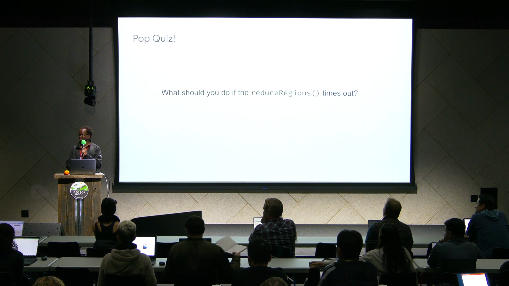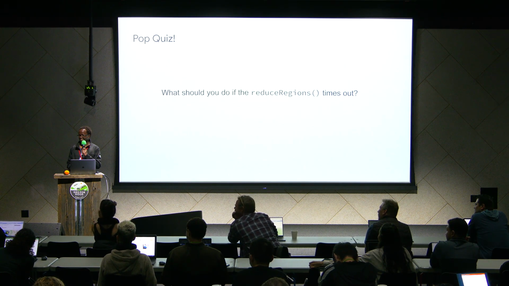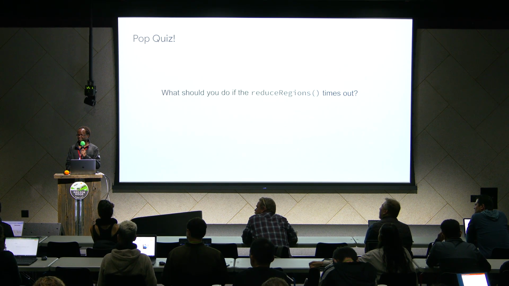Yeah, let me just give you the answer here. You should adjust the tile scale if you get a memory error. If you get a timeout, you should export the collection. So reduce regions takes as input a feature collection and outputs a feature collection. If the feature collection you're trying to output times out, export it.